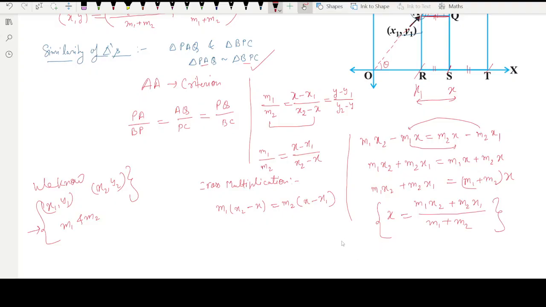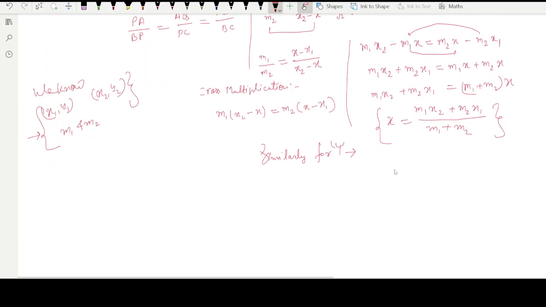Similarly for y. I am not doing this algebra for y; it is homework for you. The y is (m1 y2 plus m2 y1) upon (m1 plus m2).